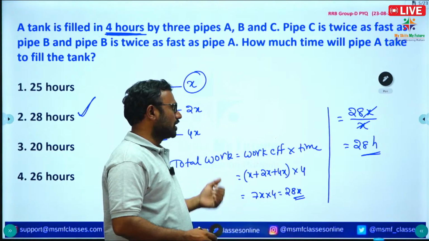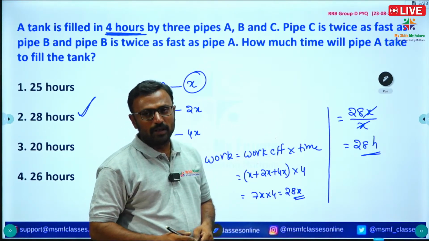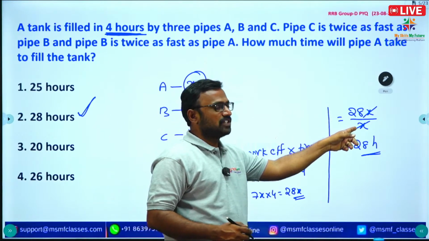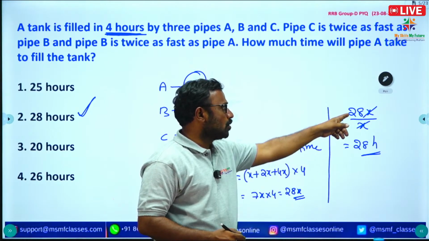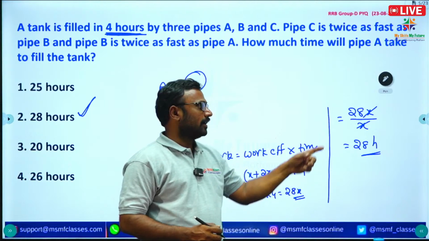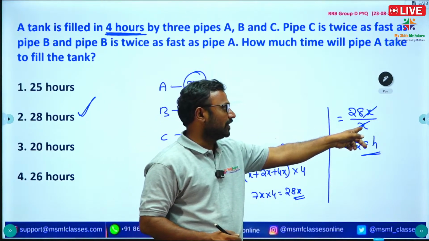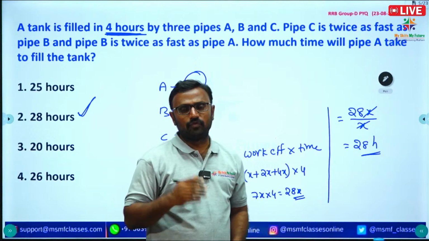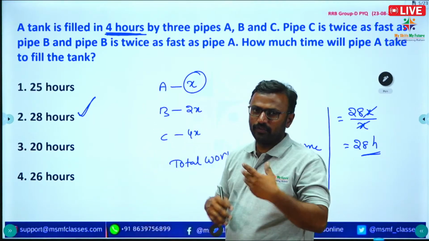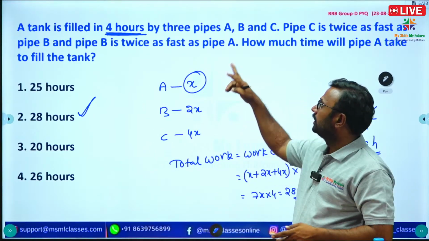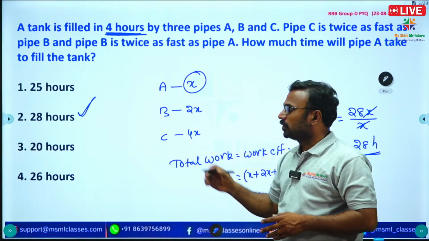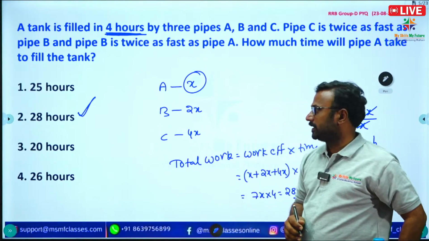The time for pipe A to fill is total work by efficiency of A, so 28x by x, x cancels. The total time to fill the tank with pipe A is 28 hours. Next question.